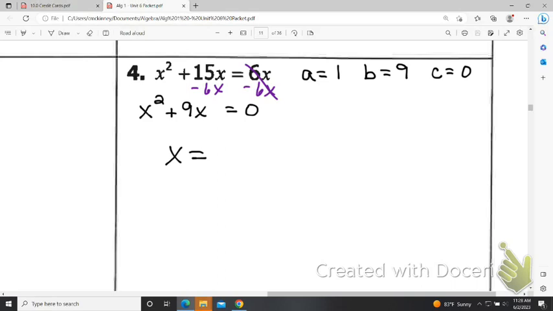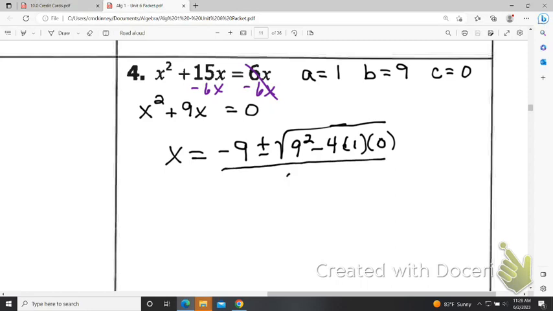So remember the quadratic formula, you should have written down negative b, so negative 9 plus or minus the square root of b squared, which in this case is going to be 9 squared, minus 4 times a, which is 1, times c, which is 0, right? C is 0 in this case. All divided by 2 times 1.